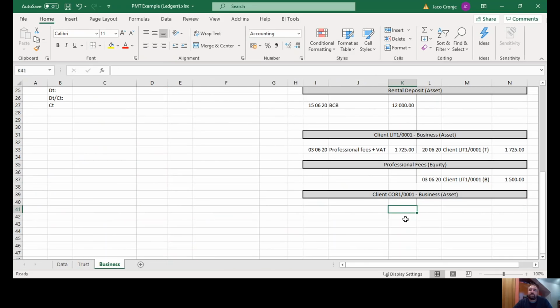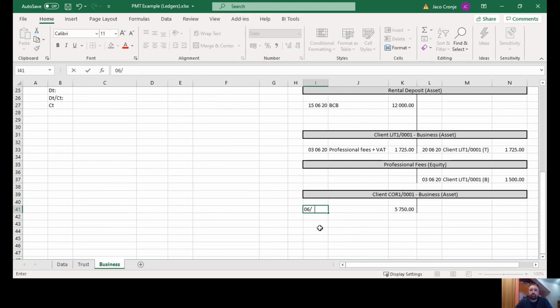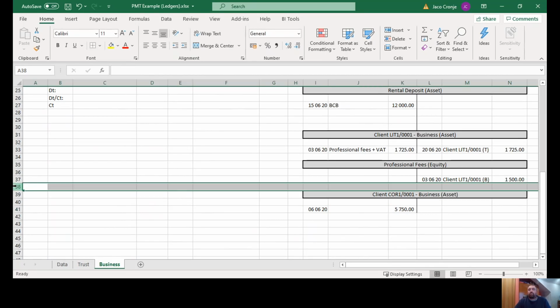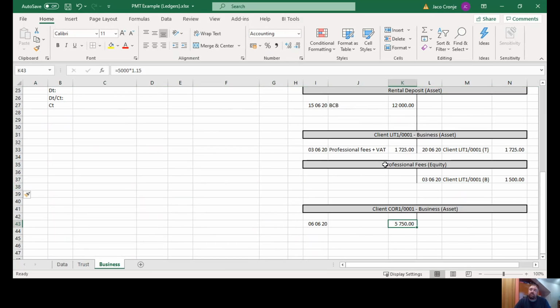The answer is yes, we must put VAT on top of that. So I'm going to debit them by 5,000 Rand times 1.15. That transaction was on the 6th of June 2020. And where do I contra that? Where does the difference go? What is the credit leg? Credit leg is professional fees.